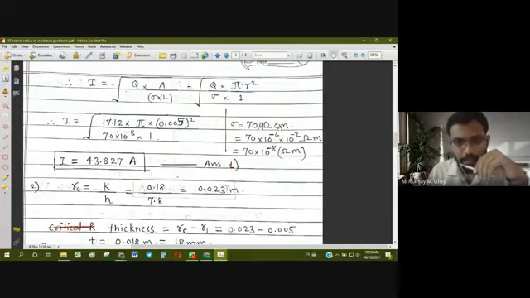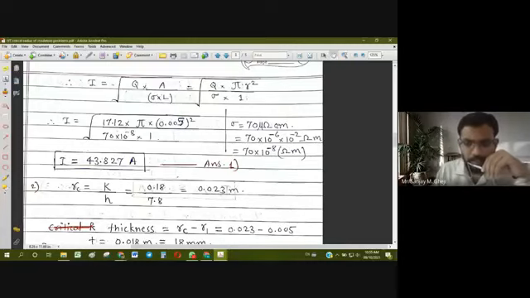For centimeter to meter conversion, we add the multiplier 10 raised to minus 2, because 1 meter equals 100 centimeter, so 1 centimeter equals 10 raised to minus 2 meter.